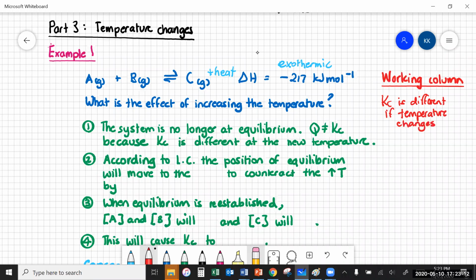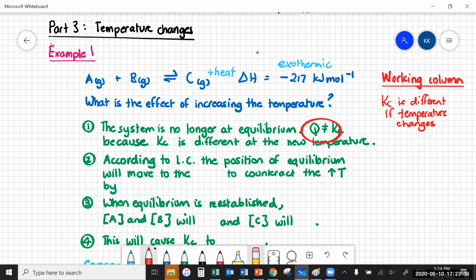So the reason that the system is no longer at equilibrium is Q doesn't equal Kc, but that's not because Q changed, that's because Kc changed. So all you have to do here is say that Q does not equal Kc anymore because Kc is different at the new temperature.